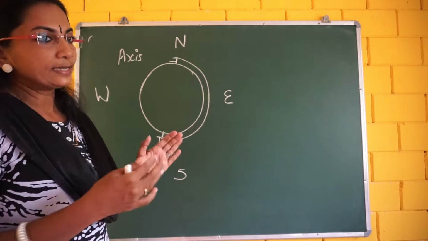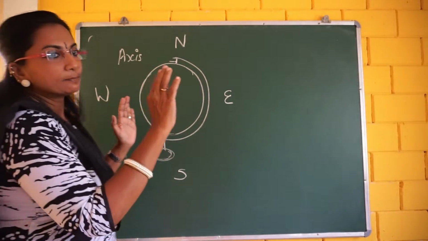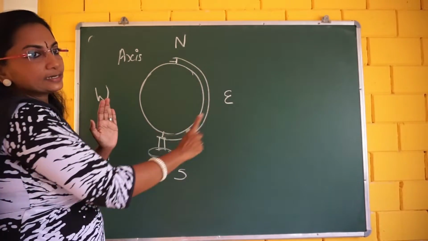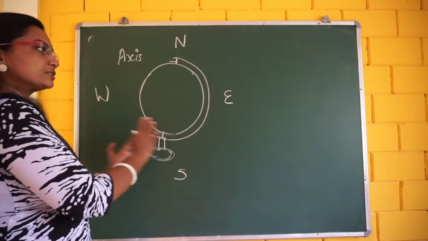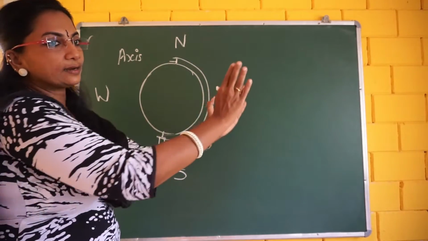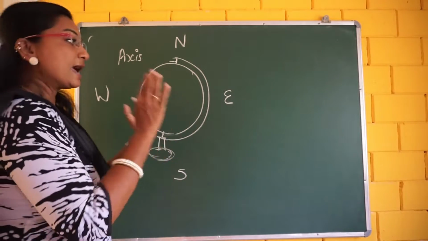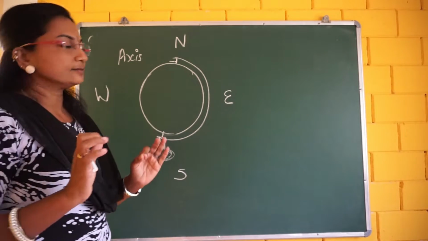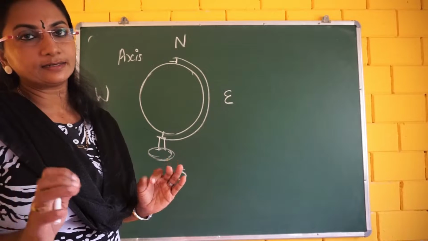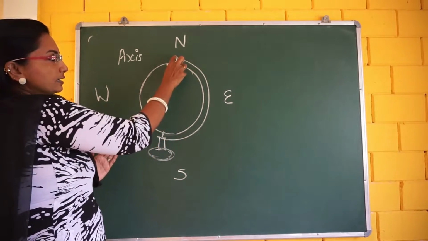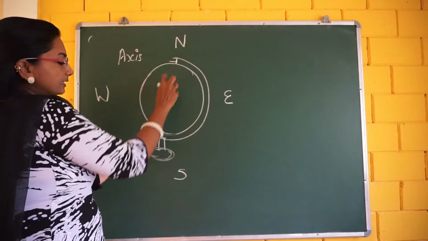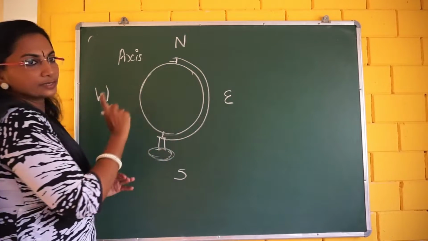Okay, so here we can see that the globe can be moved around this needle. It is moving around this needle. How? From west to east, just as the earth moves. The earth is also moving like that from west to east. Like that, the globe is also moving on this needle from west to east.